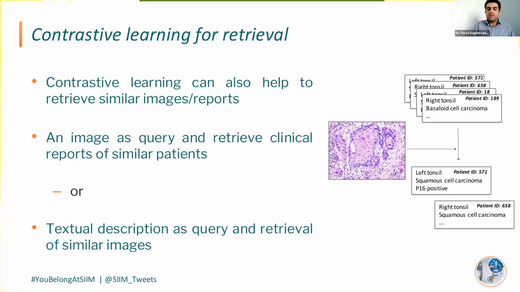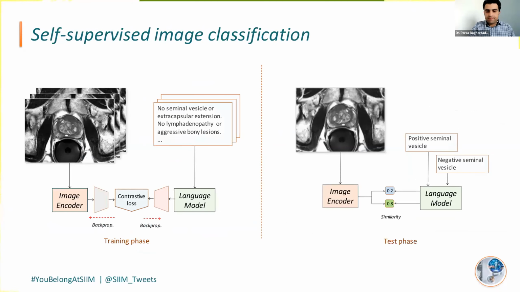We are interested to see who are the patients that have a condition similar to this image. We provide an image as a query, and we have a set of candidate clinical reports. It retrieves the clinical reports that are similar to the patients that had this histopathology image. Or we can provide a textual description as a query and retrieve similar images. So we can use this contrastive learning for retrieval.